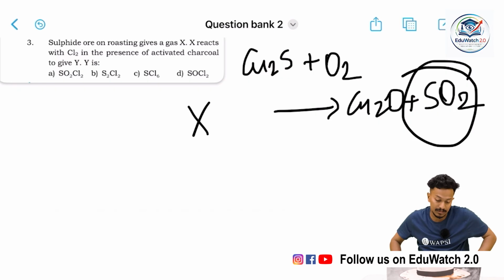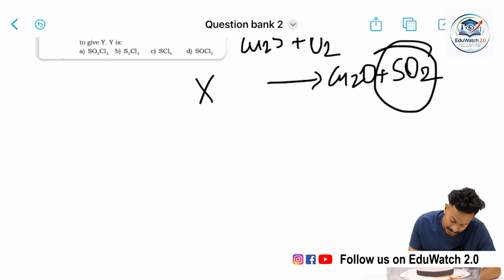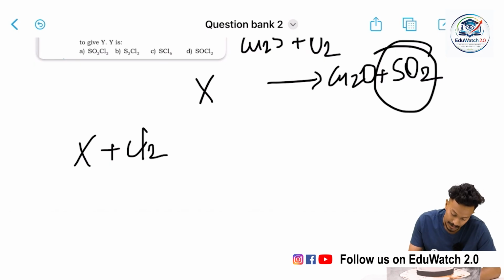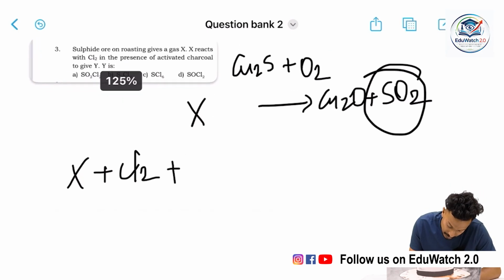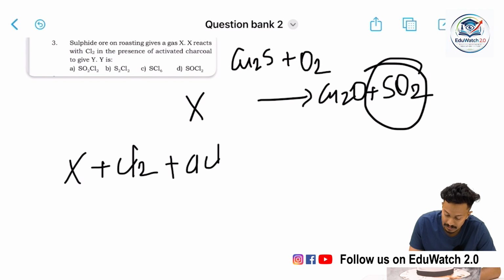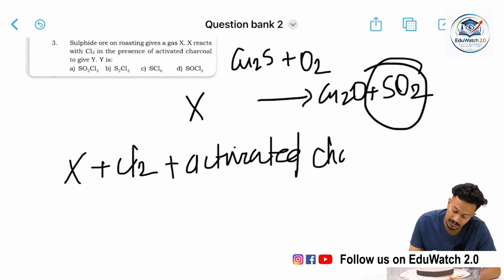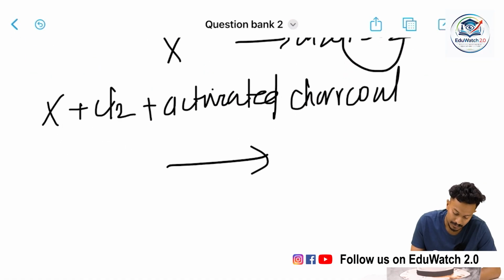When X is reacted with the chlorine molecule in the presence of activated charcoal, we do know that X is SO2, sulfur dioxide, right? We get SO2Cl2.